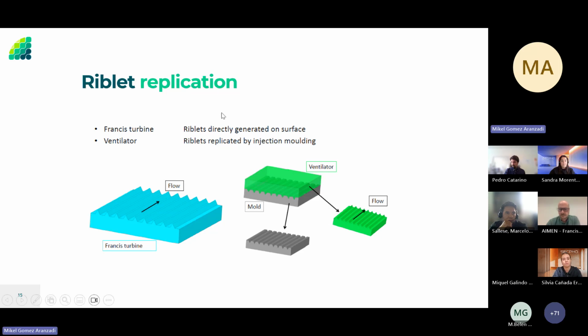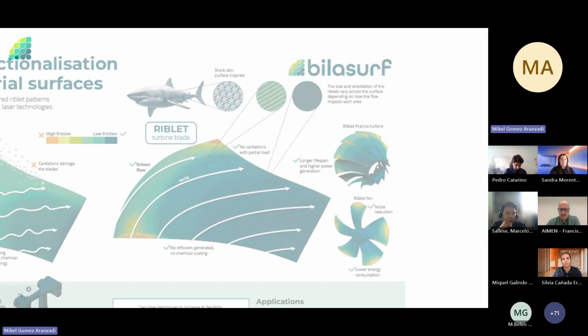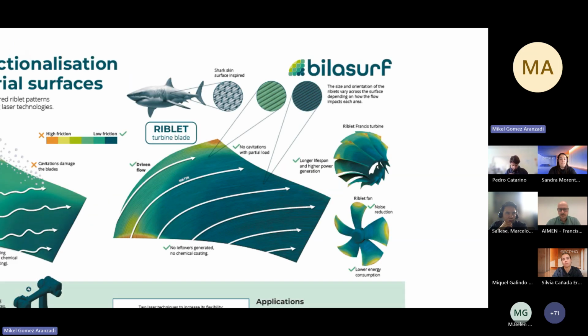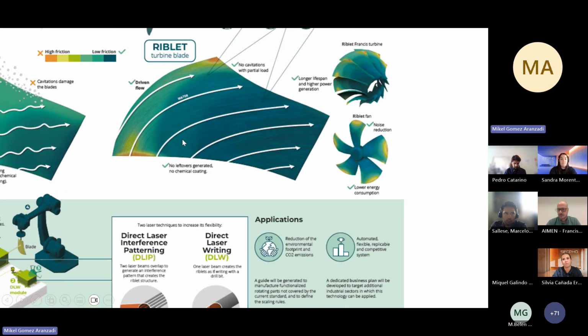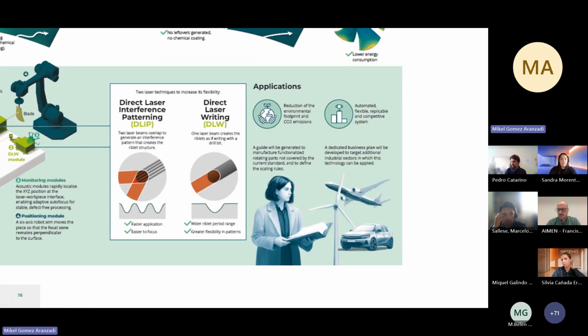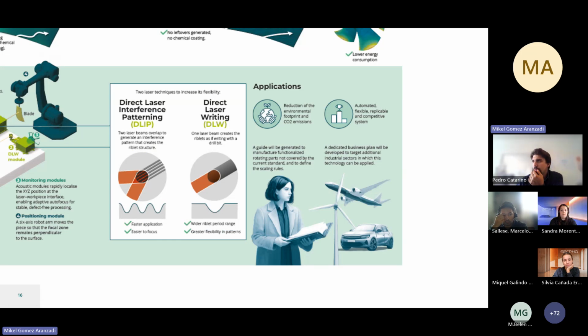So what has happened in this case, due to the different periods we needed for different demonstrators, despite the initial idea being to integrate only one laser technology, we integrated a second one. It was a contingency measure we already included in the proposal. So we integrated the DLIP and direct laser writing.